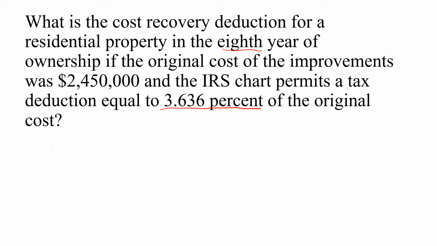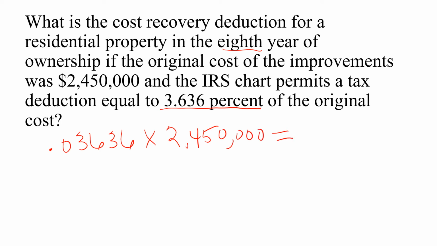Let's turn that into our decimal, which is 0.03636. And we simply want to multiply it by the value of the property. This one's almost so easy that it's tricky. And that gives us an answer of $89,082.